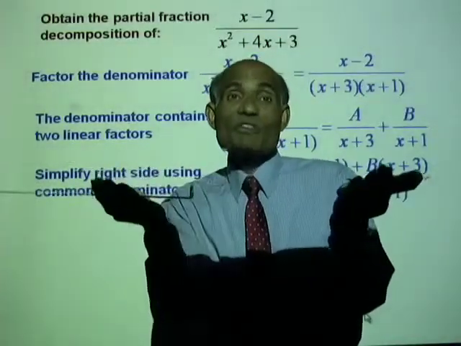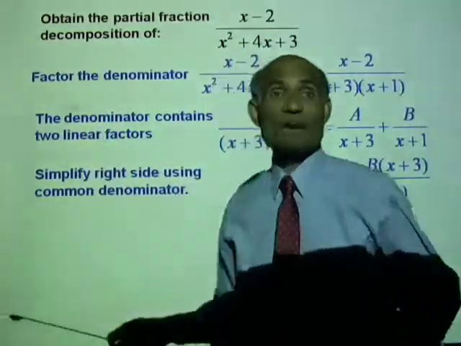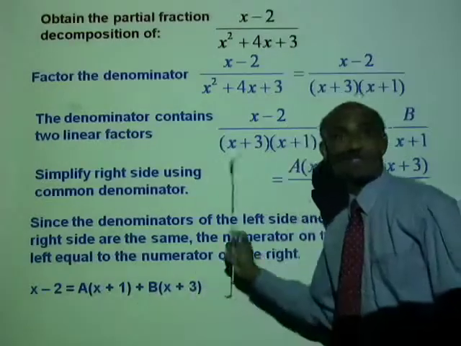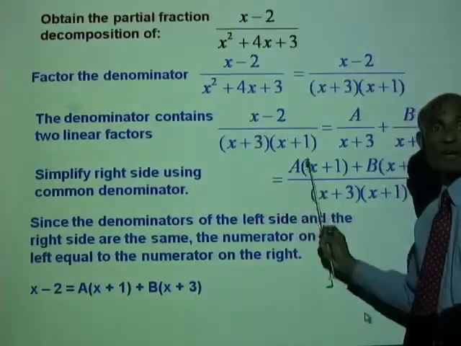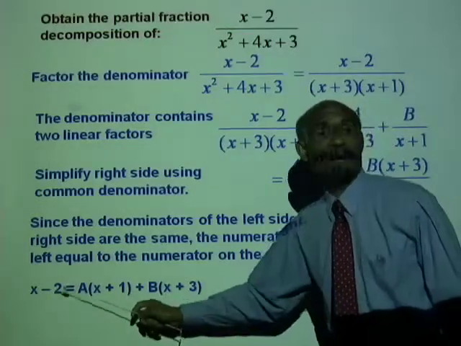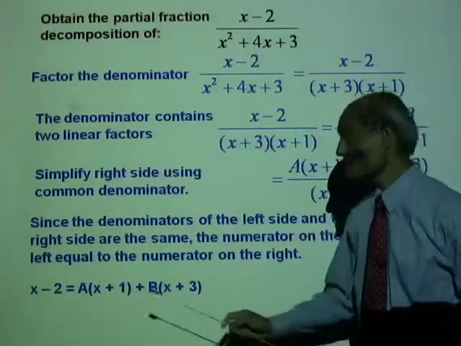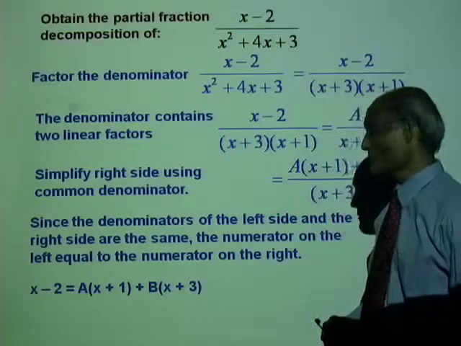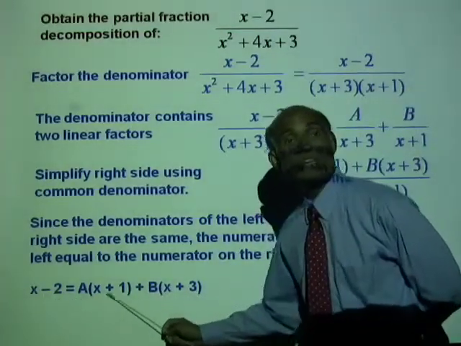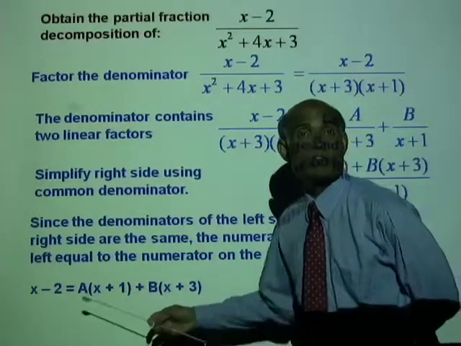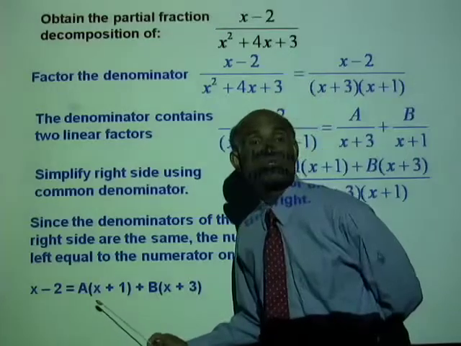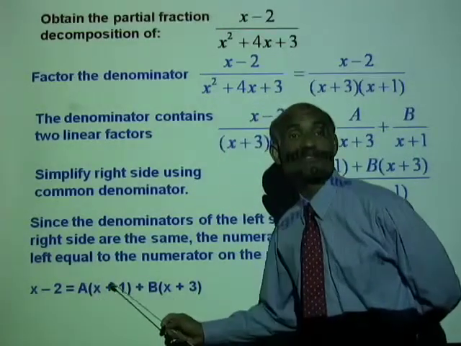If the denominators are equal, the numerators have to be equal. And therefore, we set the numerator of the left-hand side equal to the numerator of the right-hand side. x minus 2 equals a times x plus 1 plus b times x plus 3. Now remember, this is an identity. In other words, this is true for all values of x.